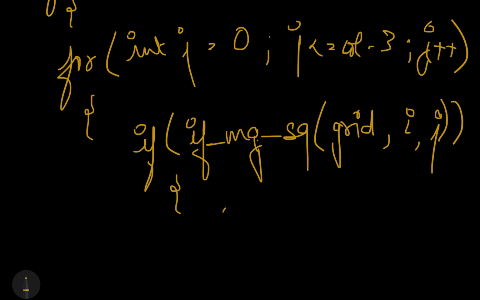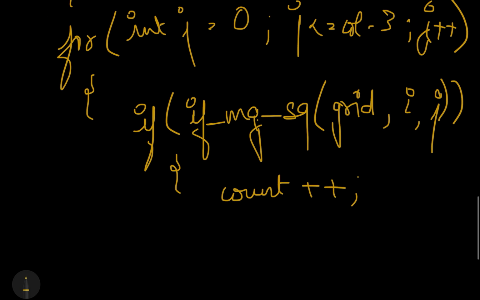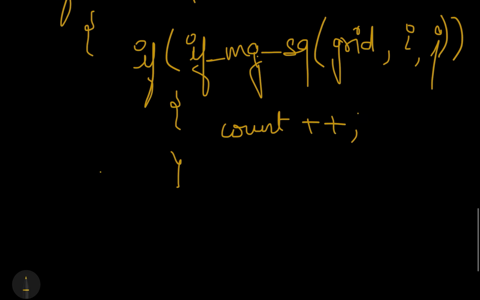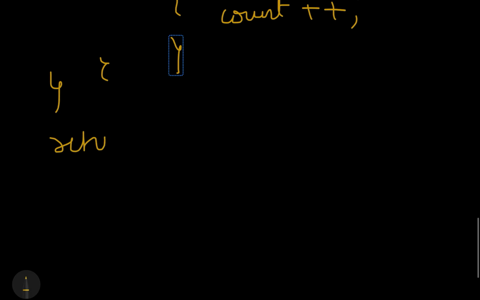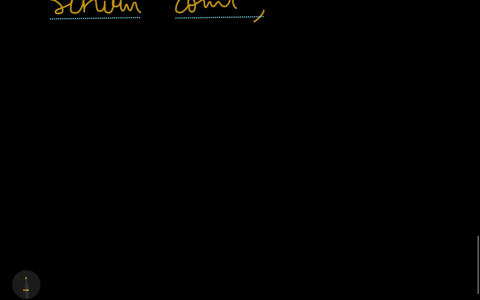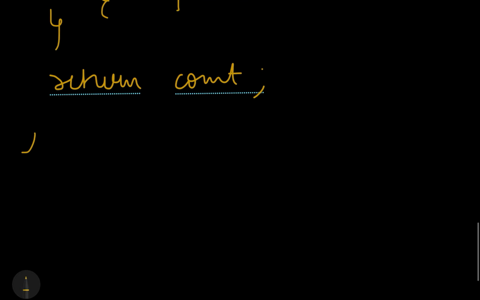And if it is a magic square, we will increase our counter. And at last, we'll return our count value. So this is basically the whole structure. And now we'll see what will go inside our isMagicSquare function.